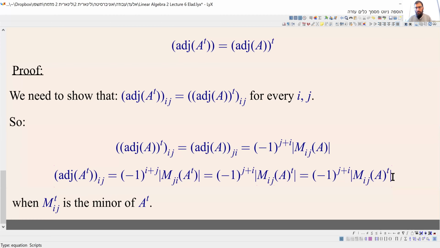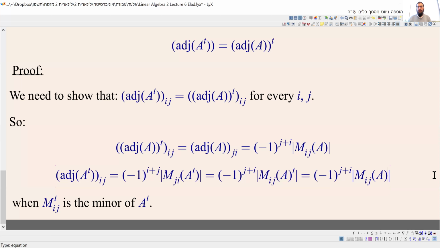You know that the transpose of the minor has the same sign. Not quite, because the sign is i plus j, or j plus i, it's the same.